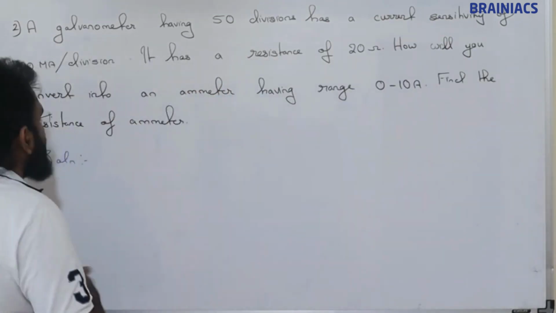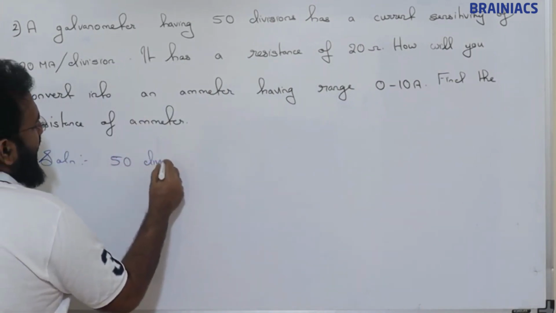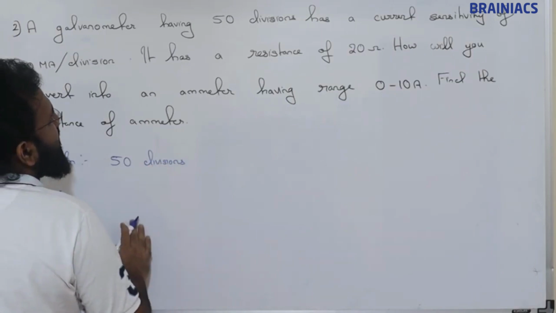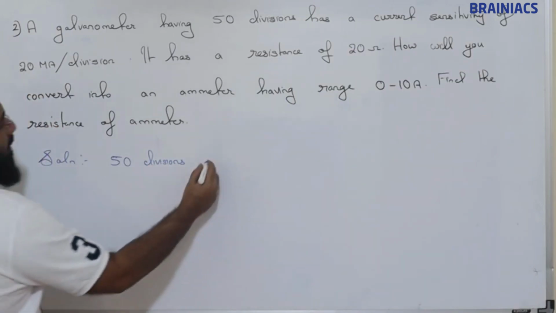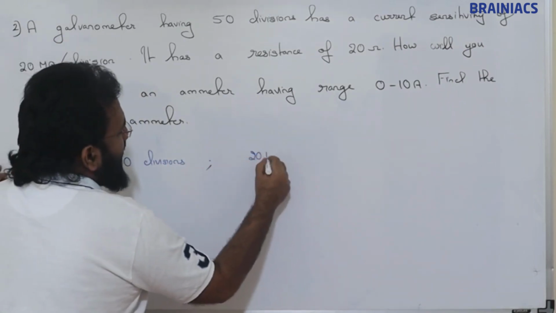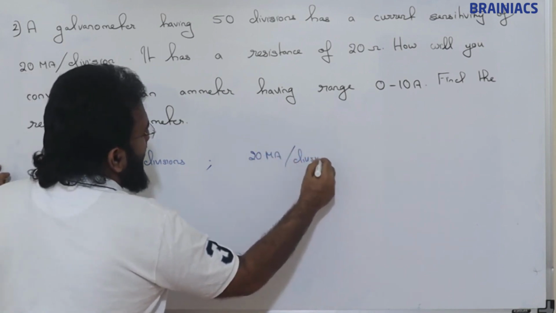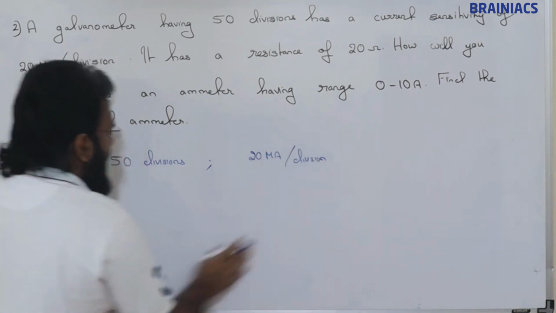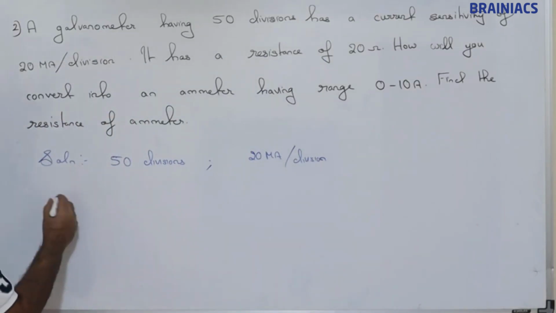First we will start with the 50 divisions. The galvanometer has 50 divisions and its current sensitivity is 20 microampere per division.